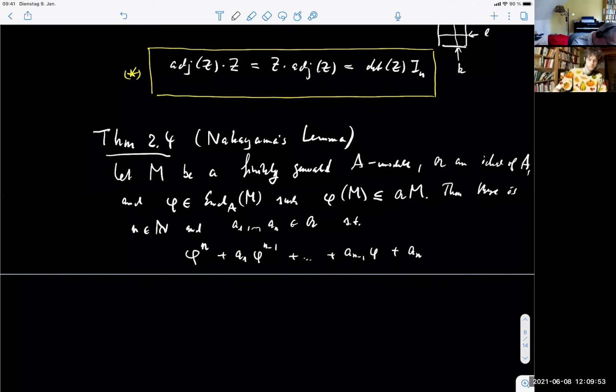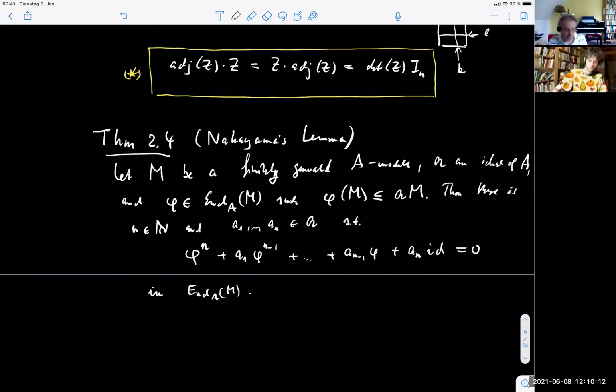If I want to be very precise, I should say a_n times identity, equals zero. And this identity holds in my endomorphism ring. So this is the statement.